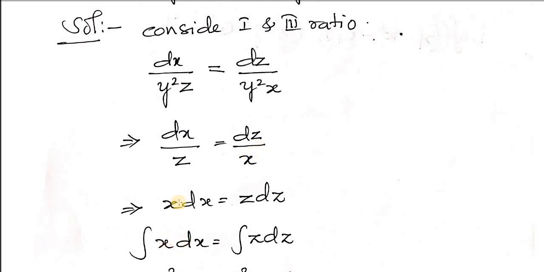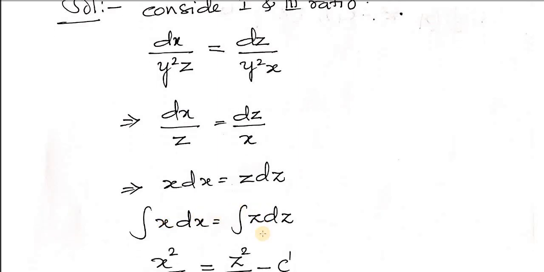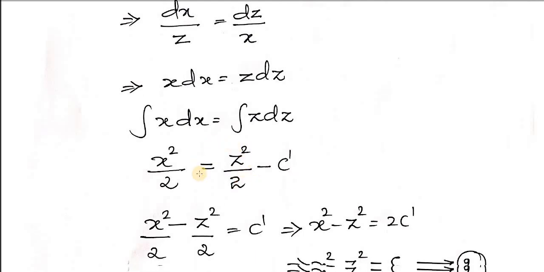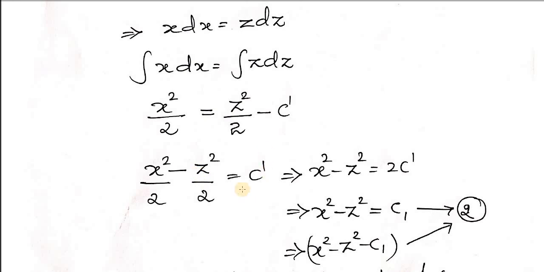Now integrating both sides, what will we get? x dx equals z dz. Now the integration of x is x square by 2 equals z square by 2 plus c dash. Taking z square by 2 to this side, the LCM is 2.